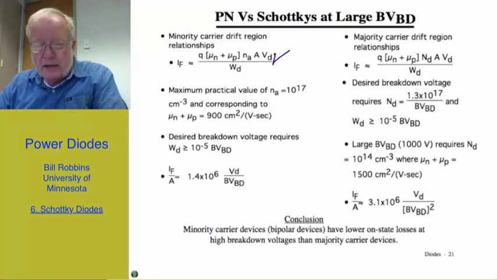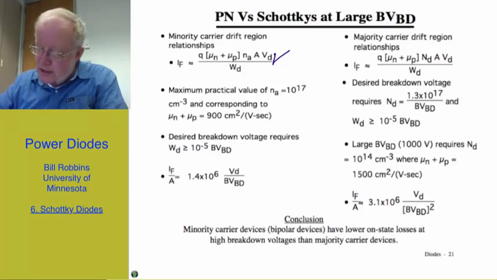Now, the maximum practical value of N_A might be 10 to the 17th. The corresponding mobilities are about 1,000, the sum of the two. And the desired breakdown voltage requires, as we've already seen, that the drift region length be equal to 10 to the minus 5 times the breakdown voltage.